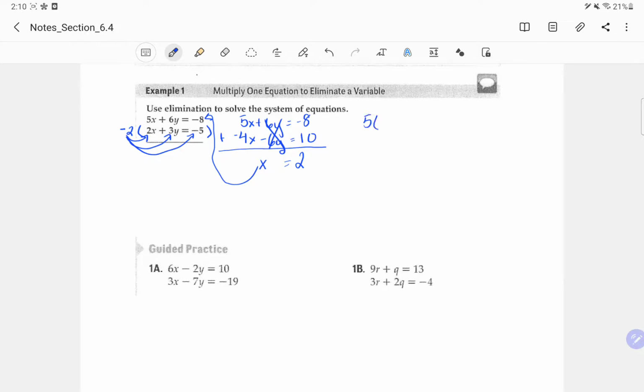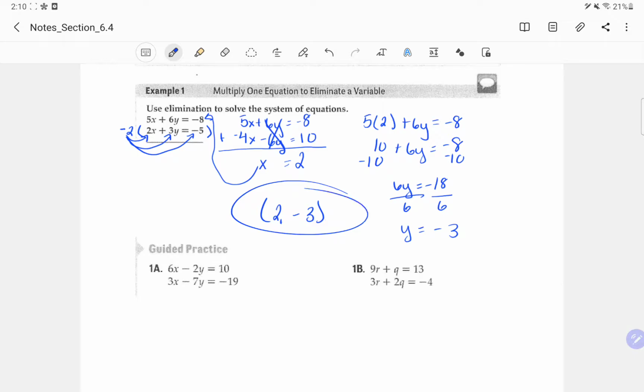So I got 5 times 2 plus 6y equals negative 8. That'll give you 10 plus 6y is equal to negative 8. I'm going to subtract my 10. So 6y is equal to negative 18. Divide both sides by 6, and you'll get that y is equal to negative 3. So your point here would be (2, negative 3).